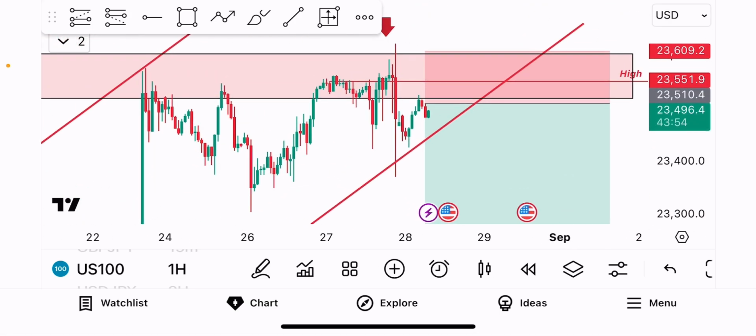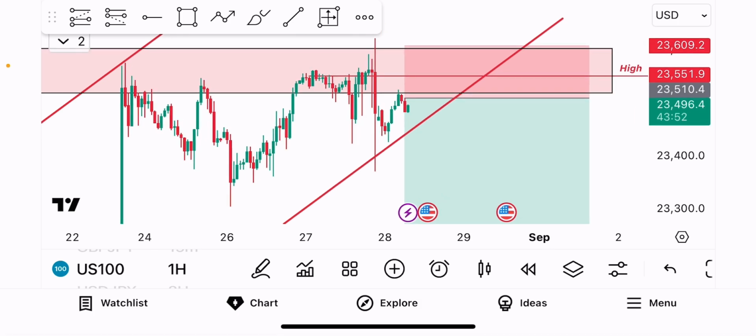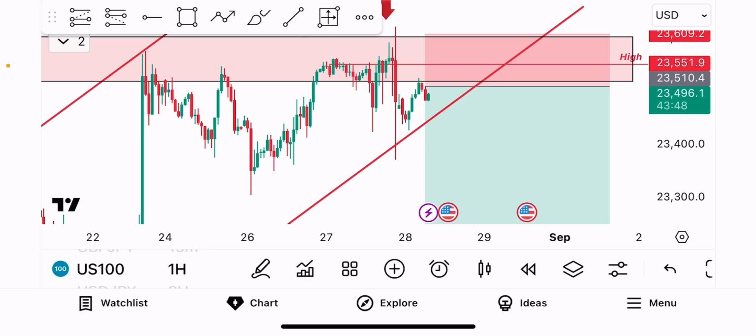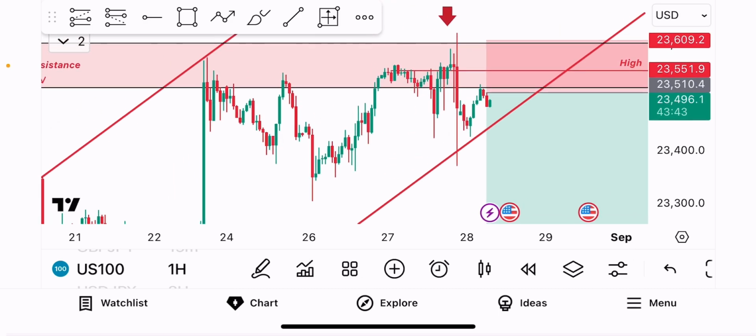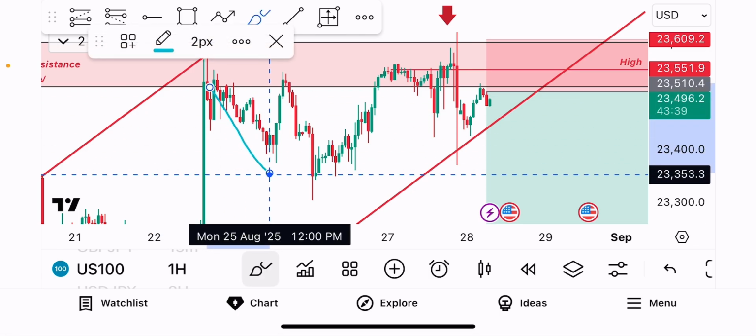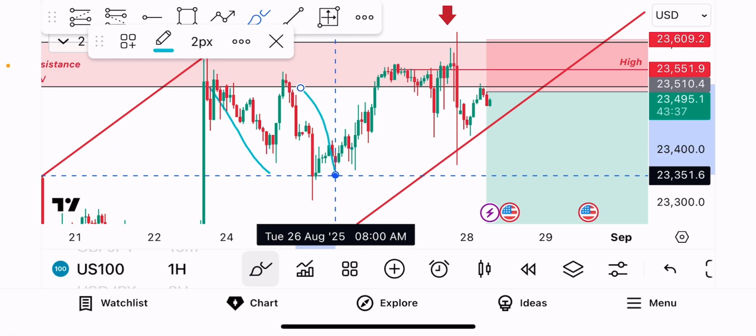Now I am currently holding a sell position in US 100, and here is why I feel price is going to drop from there. We can observe that from the 1 hour time frame, price has been trying so hard to sell from that area.